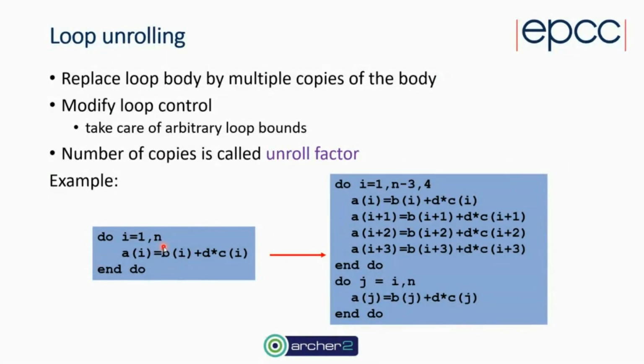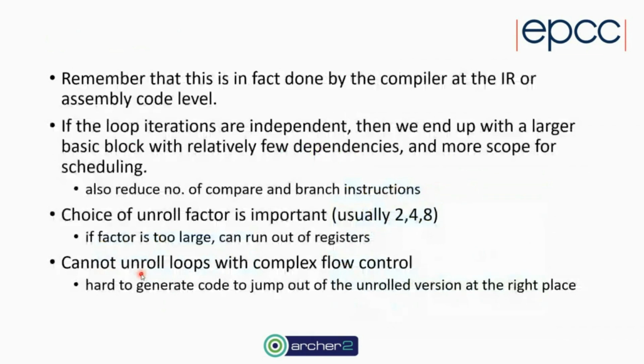So there's got to be no dependencies between this. We can't have, say, A of I equals A of I minus 1 plus B of I, because then the current iteration depends on the previous iteration, and I can't do them all at once. And so those are the kind of things which will stop the compiler unrolling the loop.